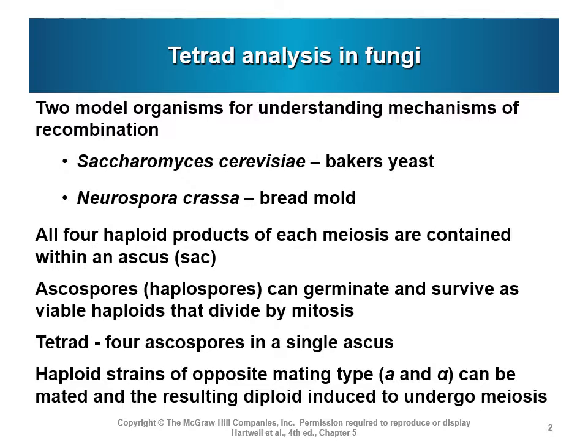Furthermore, these haploid cells can grow into haploid individuals by mitosis. And the beauty of these systems is that the genotyping is very easy, as their phenotype is exactly their genotype.